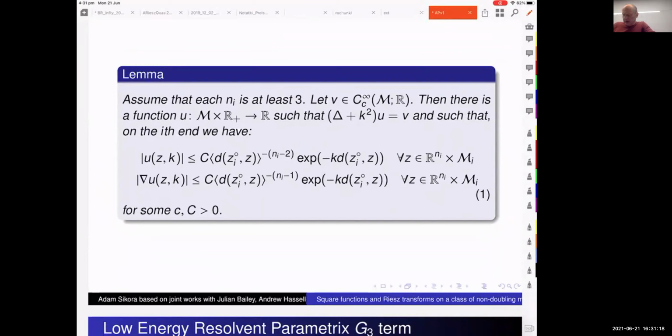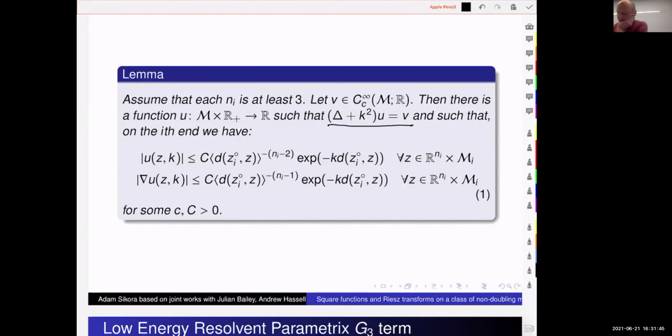If you have a function v which is compactly supported, and you apply the resolvent to function v, you end up with function u. And for function u, we can prove the following estimates.